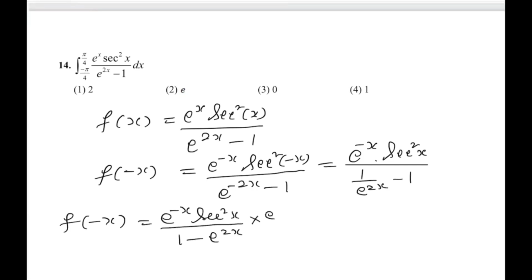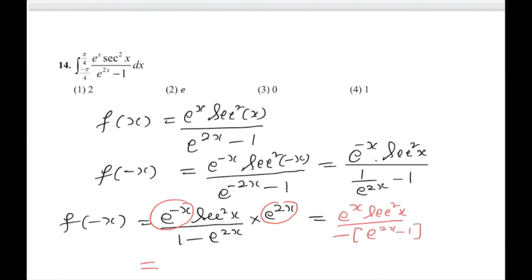Denominator of denominator goes to the numerator. Combining these two, same base, add power. This becomes e^x secant square x. Take the minus sign out, e^(2x) minus 1. That is minus of e^x secant square x upon e^(2x) minus 1, which is nothing but minus f of x.